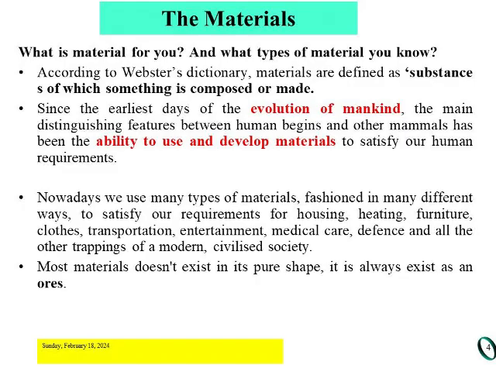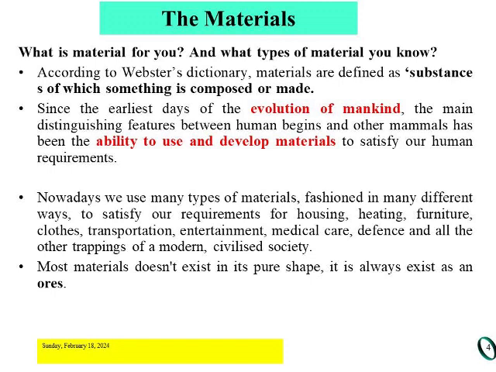Yes. The definition of materials differs according to different scholars, fields, and principles. According to the Webster dictionary, materials are defined as the substance of which something is composed or made.